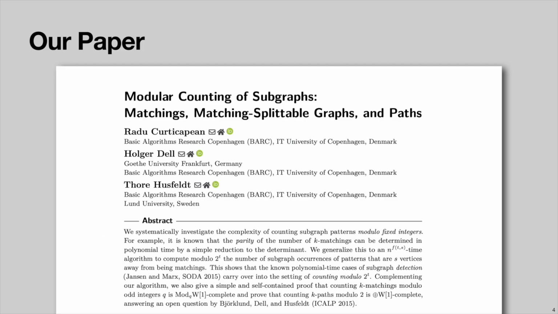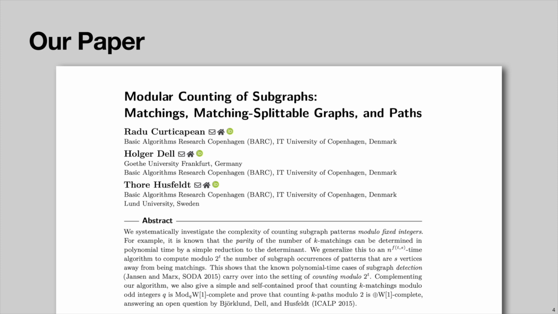In our paper, we count objects, modulo some number m. The objects we count are subgraphs, namely specific kinds of subgraphs in a large given graph: matchings, matching-splittable graphs, and paths.